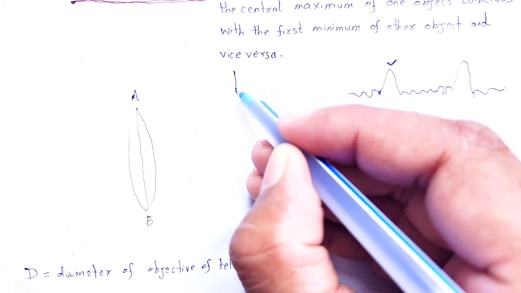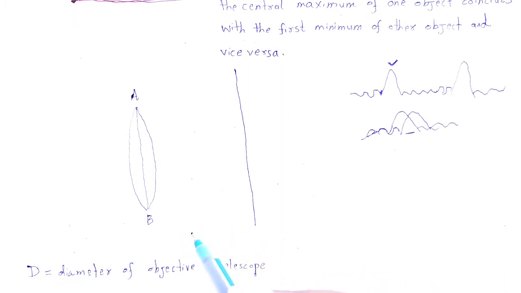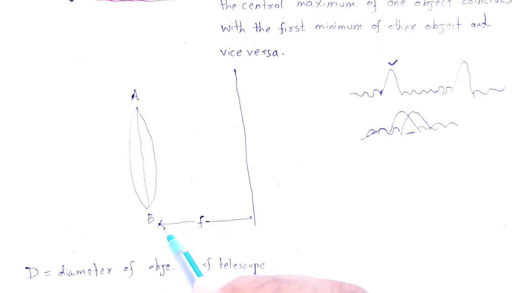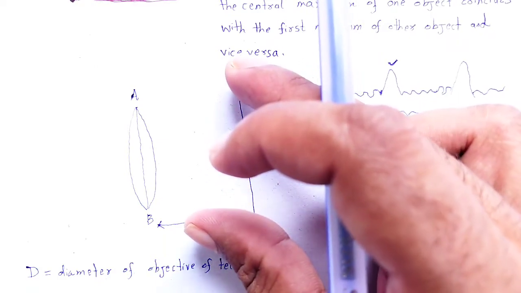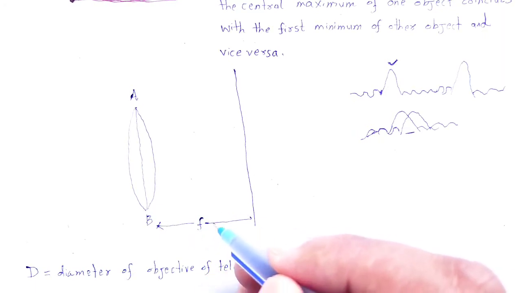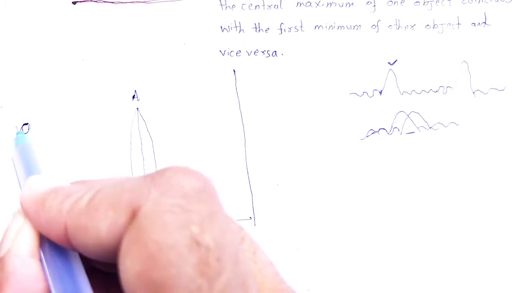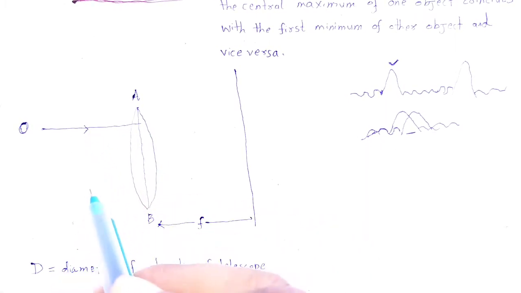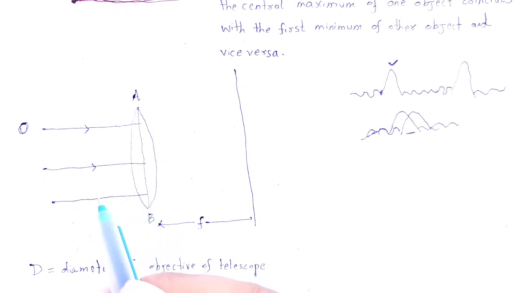Let there be a screen at a distance of the focal length of that particular objective of the telescope, and that screen is placed at the focal plane of the lens. The focal length be small f. Let an object be O. Due to that object, the parallel rays are coming, and the object is at infinity.